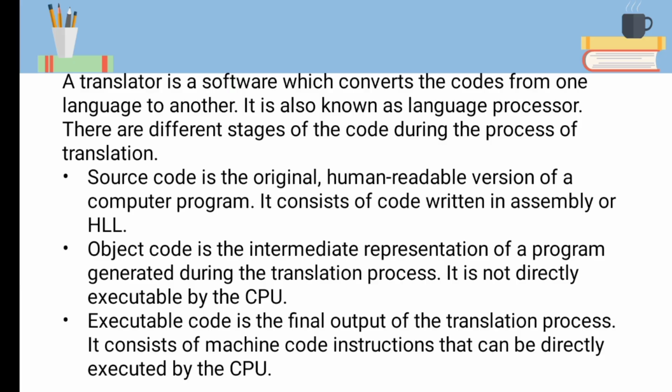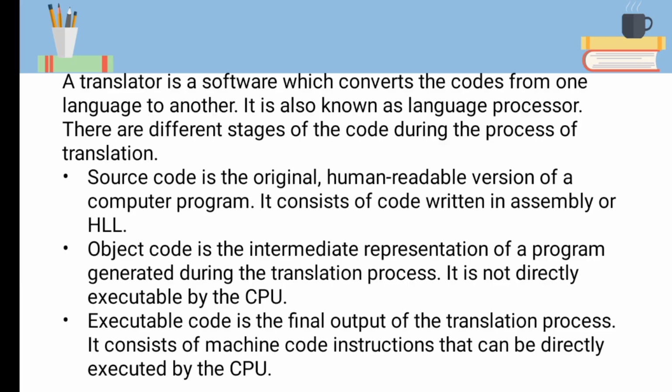There are different stages of the code during the process of translation. The first stage is source code. Source code is the original human readable version of a computer program. It consists of code written in assembly or high level language. The second stage is object code.